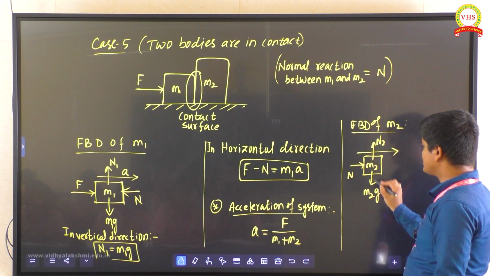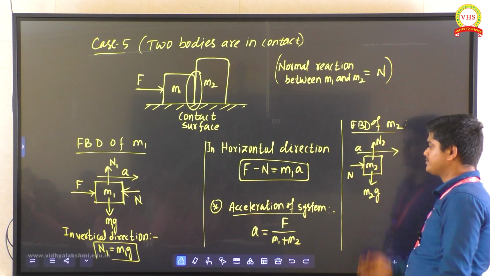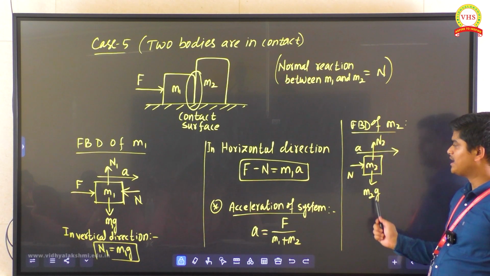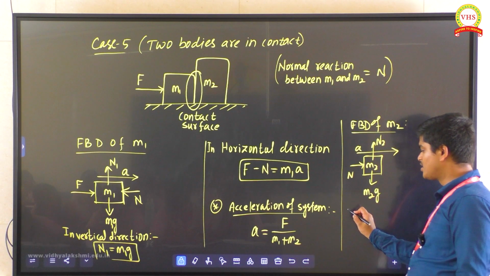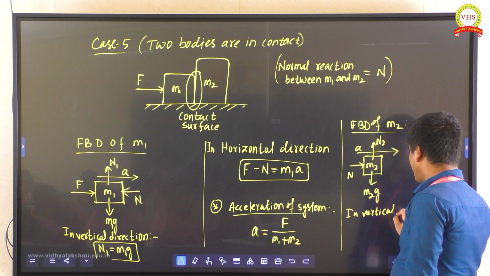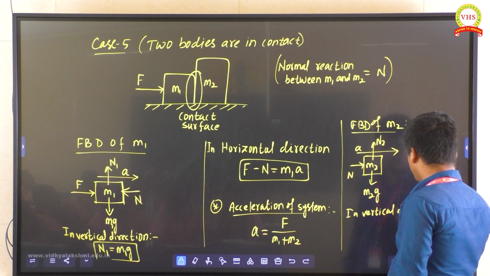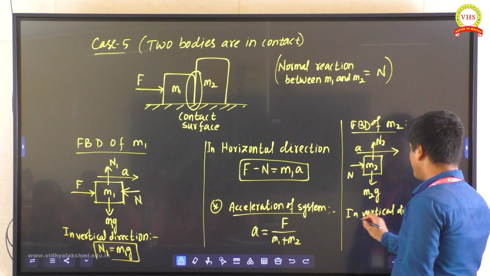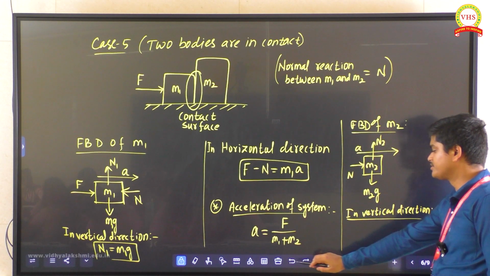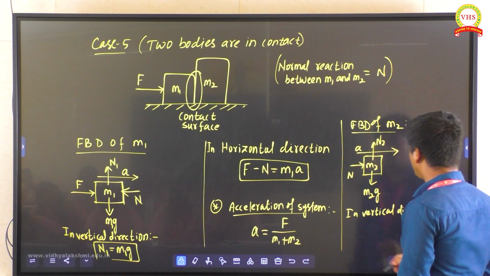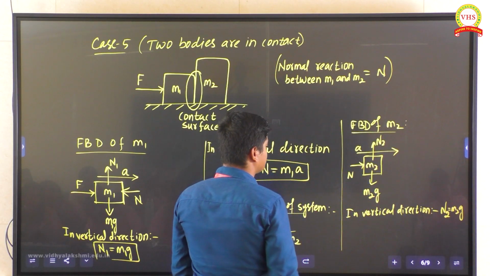Next, N2 and M2G will balance because in the vertical direction there is no motion. So in the vertical direction no motion, so what can I write? I can write N2 equal to M2G directly.